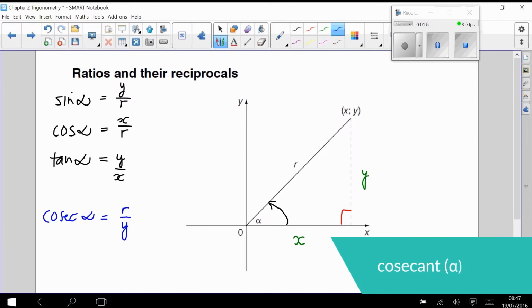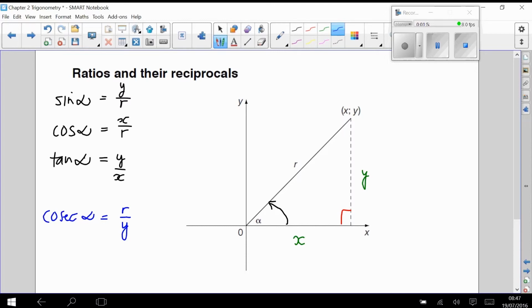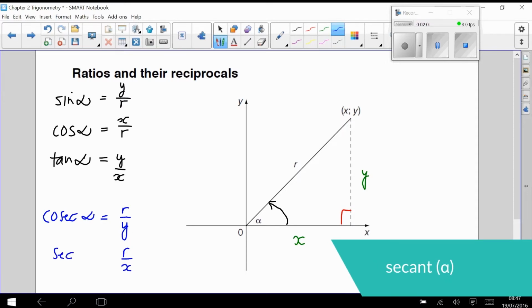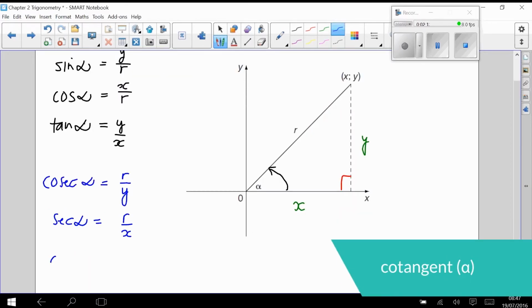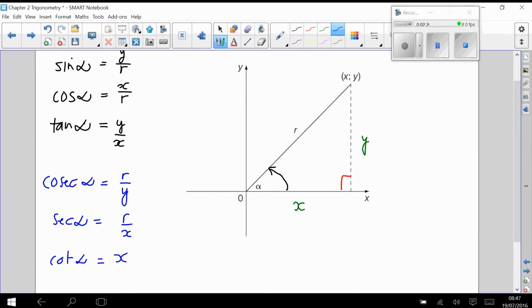Similarly, the reciprocal for cos alpha being r all over x, I call sec of alpha. And lastly, the reciprocal of tan of alpha is cot of alpha. And that would be tan's reciprocal, in other words, x all over y.